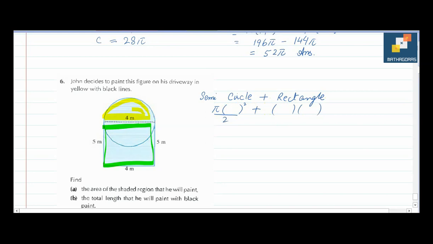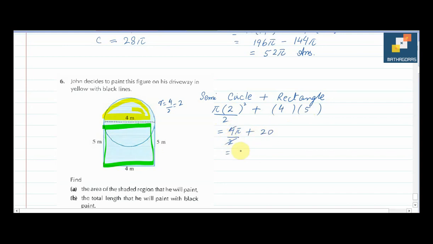Now for the radius of the semicircle, the diameter is 4, that means radius is half of 4, that is 2. So radius is 2. And if you see area of rectangle, it's 4 by 5, right? Length multiplied by width. So 2 square is 4, so it's 4 pi divided by 2 plus 4 fives are 20.